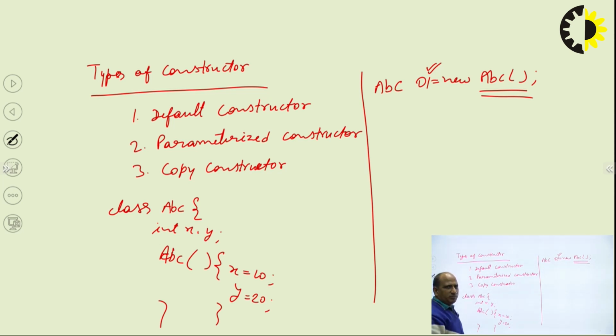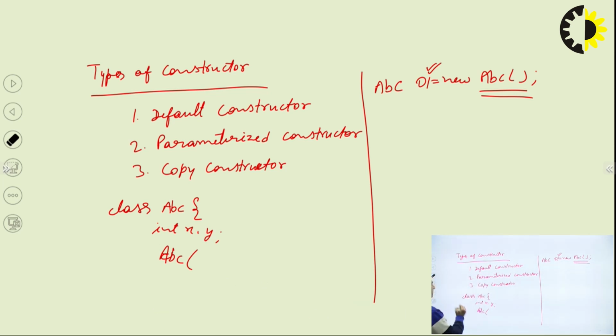I will come back to this topic. If another constructor has been defined, then the default constructor will not be available by default. So firstly, understand what the parameterized constructor is. A parameterized constructor is a constructor in which some parameters are passed.